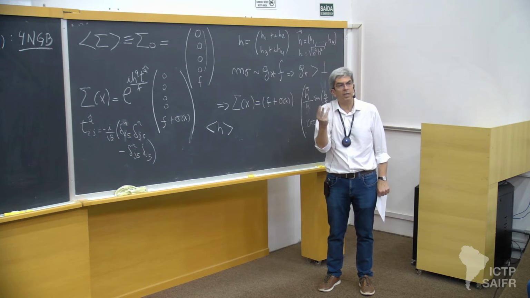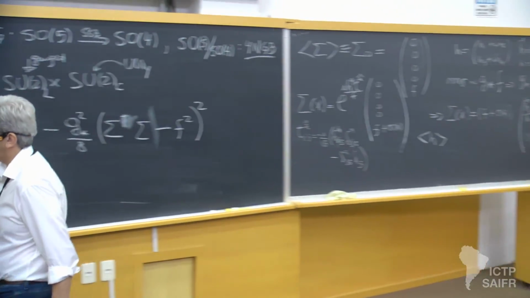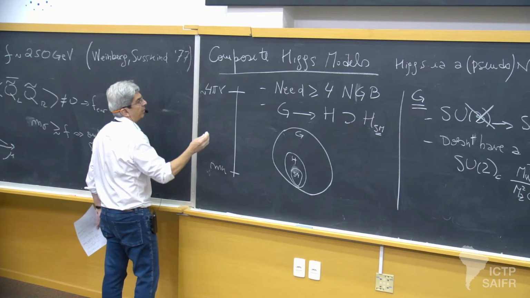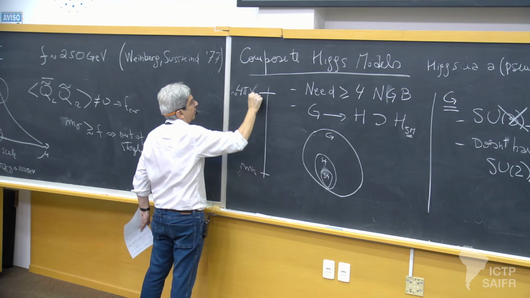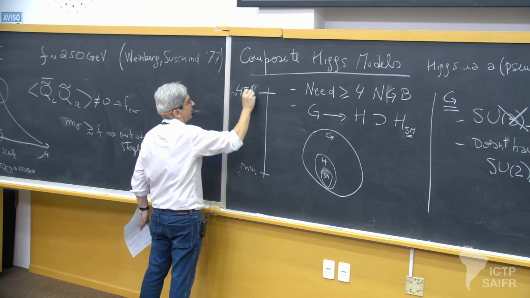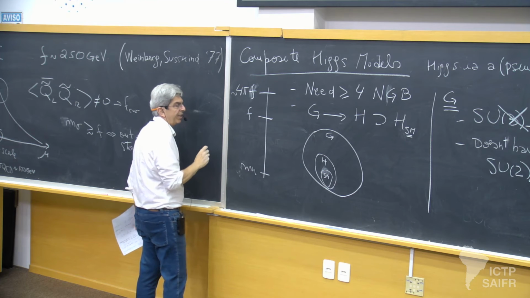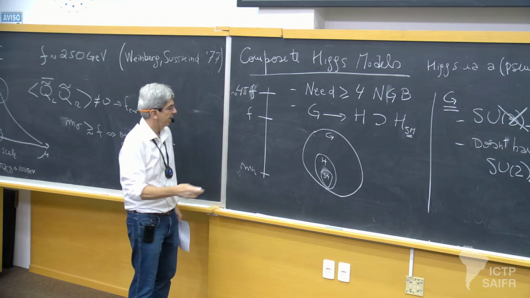So eventually, the scale F is somewhere, which is the masses of the sigma and the resonances, right?